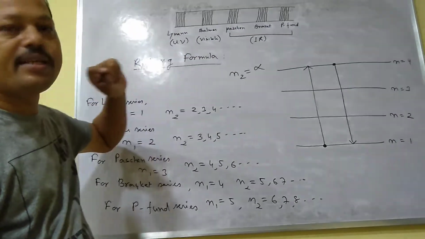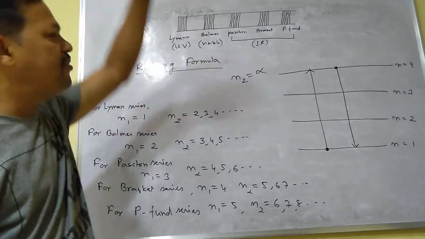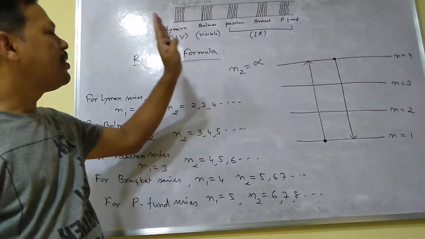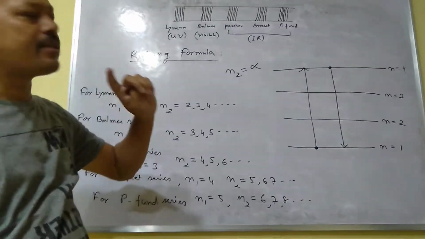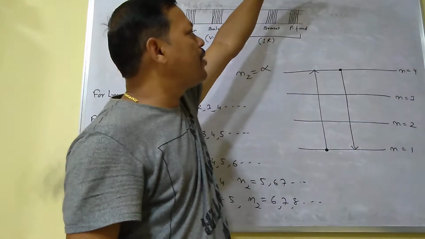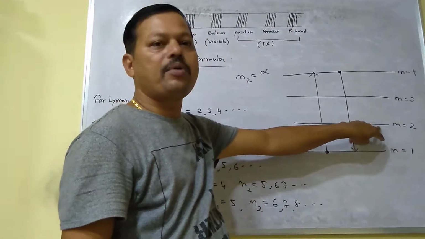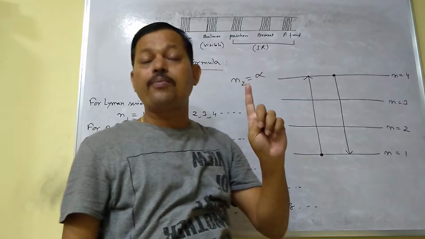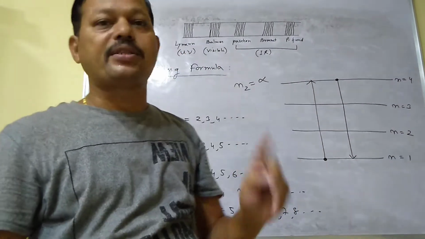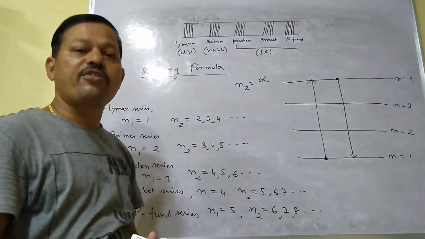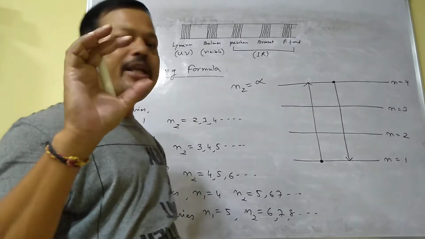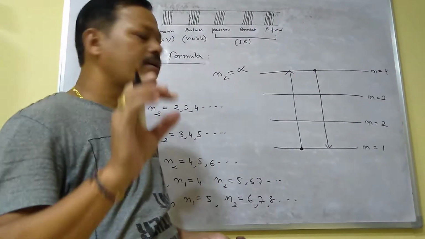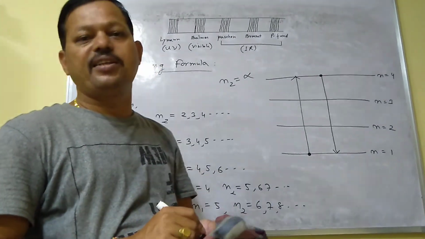Suppose for the Lyman series, the electron is coming from infinity and comes to the n equal 1 state, then it is the limiting line of the Lyman series. Suppose an electron is coming from infinity and falls to the n equal 2 state, then it belongs to the Balmer series, and that is called the limiting line of the Balmer series. So every series contains one limiting line, and the limiting line is the line in which the n2 value is infinity. Thank you.